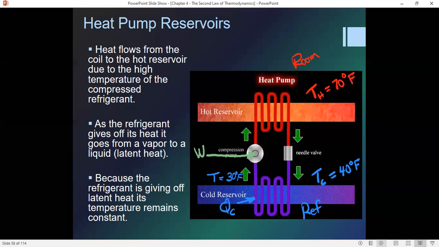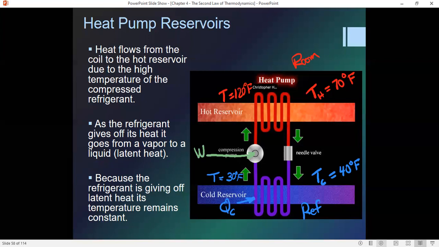Remember adiabatic compression, this is like the Santa Ana winds. We go from a lower pressure, lower temperature, we do work on the system, and suddenly the refrigerant becomes much hotter. So now let's say I've compressed it so much that the new temperature is like 120 degrees.